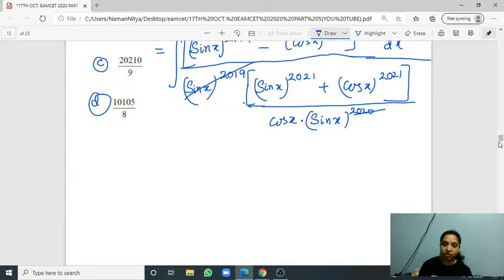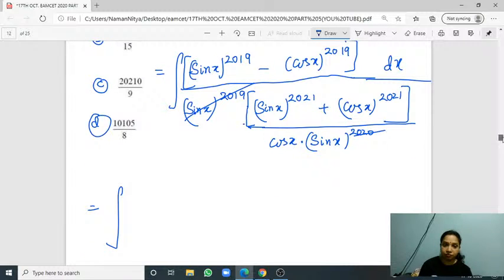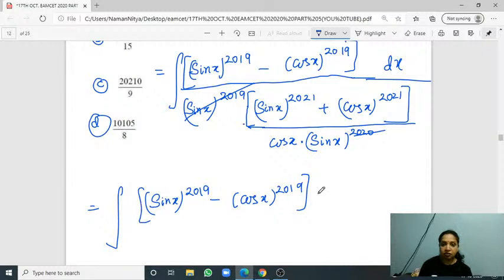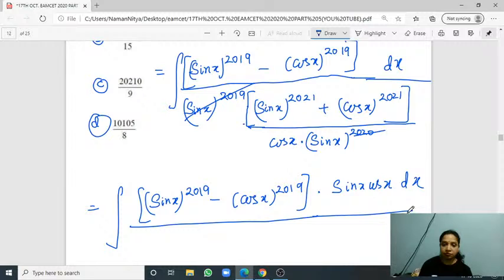By this, sin x only I will get, and then I am going to write this term as (sin x) whole power 2019 minus (cos x) whole power 2019 into sin x cos x dx divided by (sin x) power 2021 plus (cos x) power 2021.